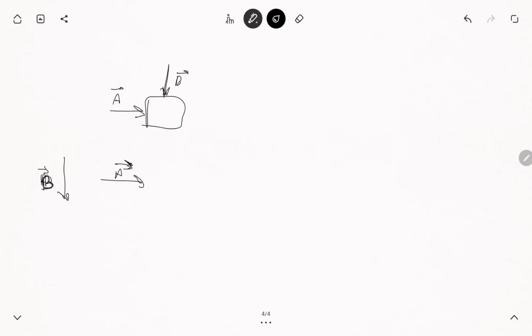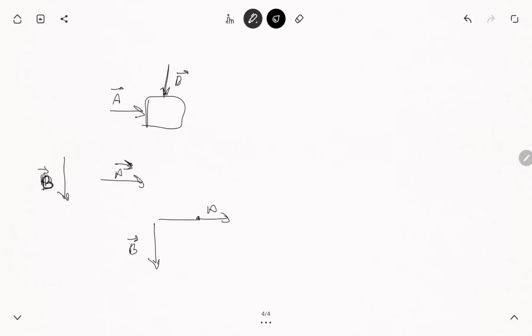So how do I know which direction the object is going to move? I need to know the direction of forces acting on it and at some place where both forces meet. So this is the part where you can parallelly shift the vectors. Right here, I have my B vector and my A vector.